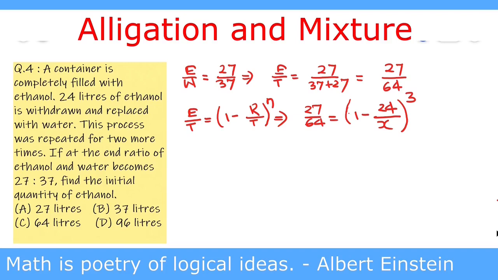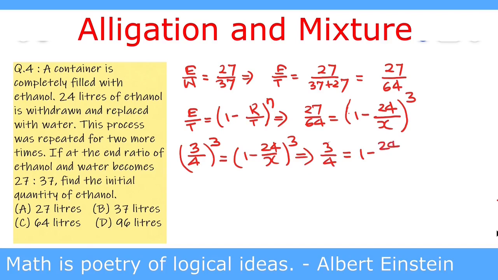Now we solve this. 27/64 can be written as (3 upon 4) to the power 3, as the cube root of 27 is 3 and the cube root of 64 is 4. So (3 upon 4) to the power 3 equals (1 minus 24 upon x) to the power 3. As the powers are the same, we can equate the bases. This gives 3 upon 4 equals 1 minus 24 upon x.